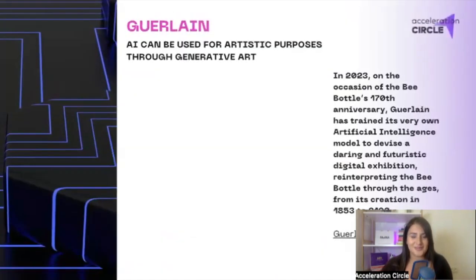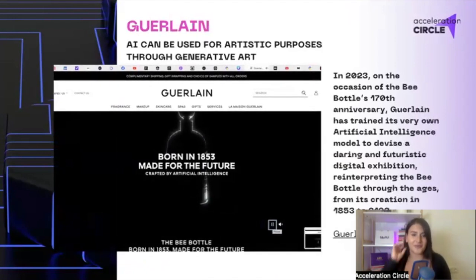Another very good example, one of my favorites, is the Guerlain brand. In 2023, on the anniversary of their Bee Bottle, the signature bottle of their perfume, they collaborated with artificial intelligence and generated a very impressive video.